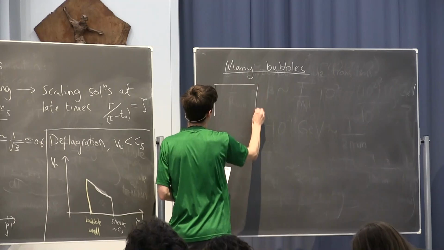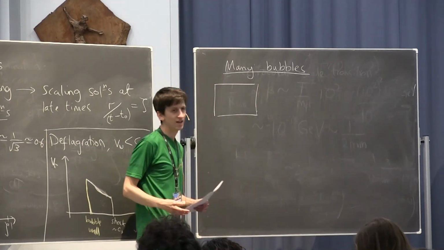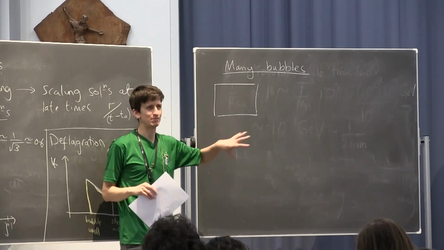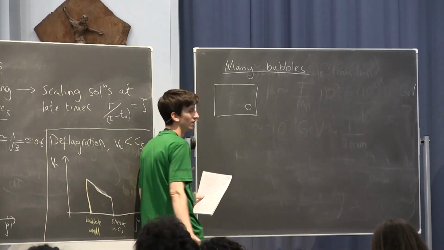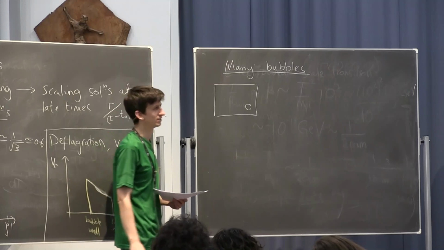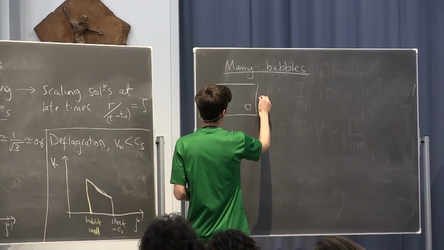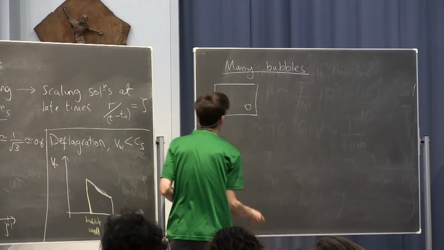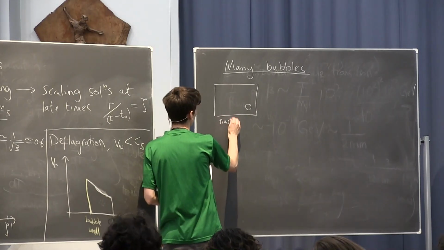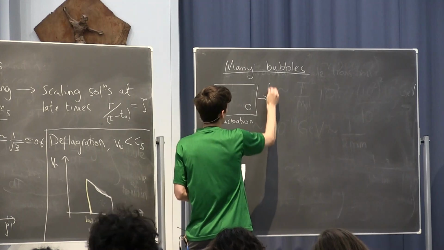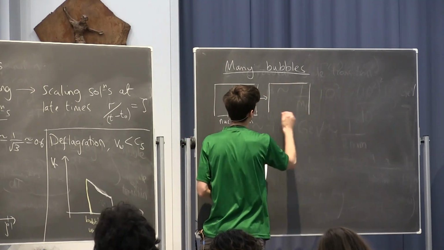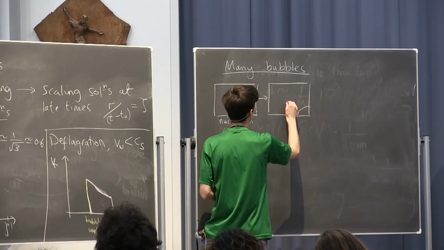So I'll draw some boxes, and each box is going to be like a simulation volume at a time. So in the beginning of your simulation volume, we just have a bubble in it. This is nucleation. You evolve your nucleation a bit more, and then you get collisions of lots of bubbles.